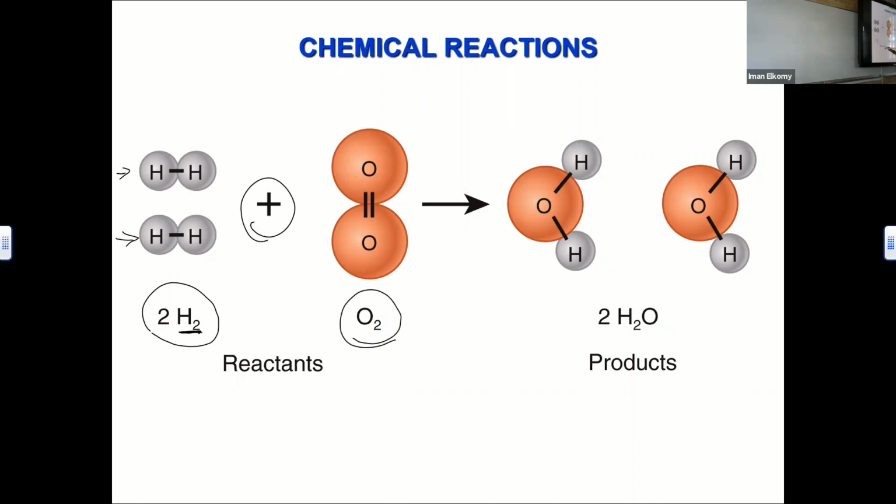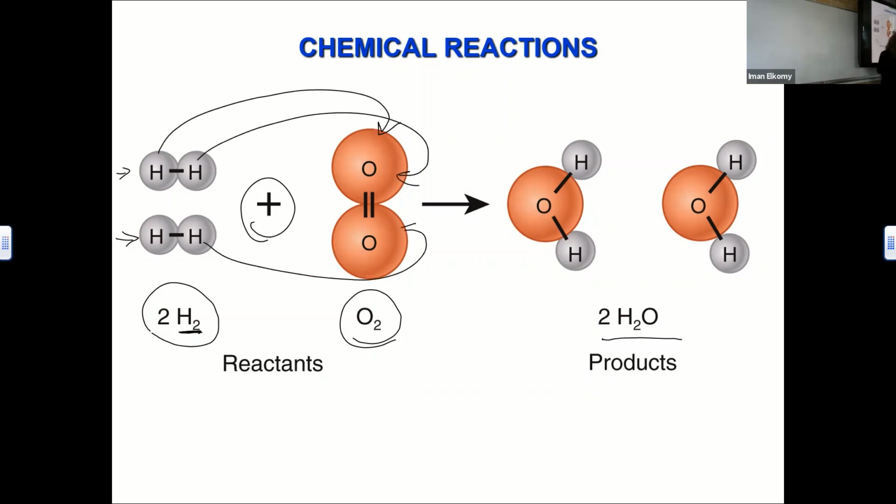These are my reactants. I will end up with 2 H2Os. Does everybody see how this happens? Like little Mickey Mouses, this guy goes over here, this guy over there. Same thing here. So I have 2 H2Os, 2 water molecules.